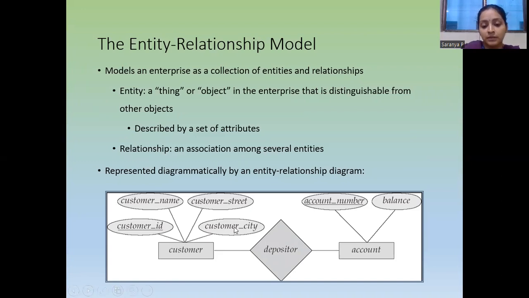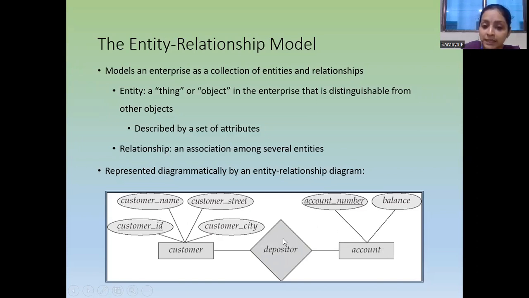Here, an example diagram has been given. See, customer and account are entities with their attribute sets: customer ID, customer name, customer street, and city are all in the customer entity, which defines the properties of the customer. Account number and balance define the account entity's properties.